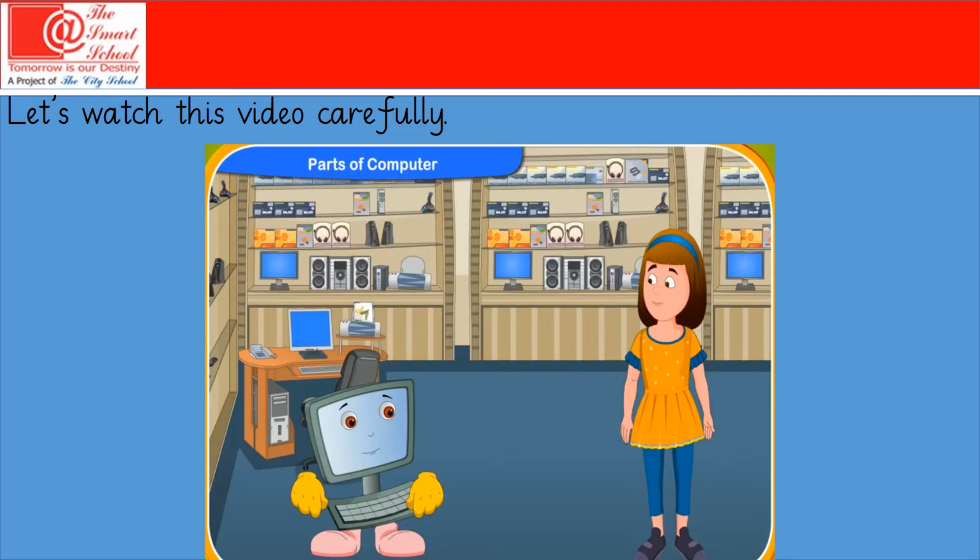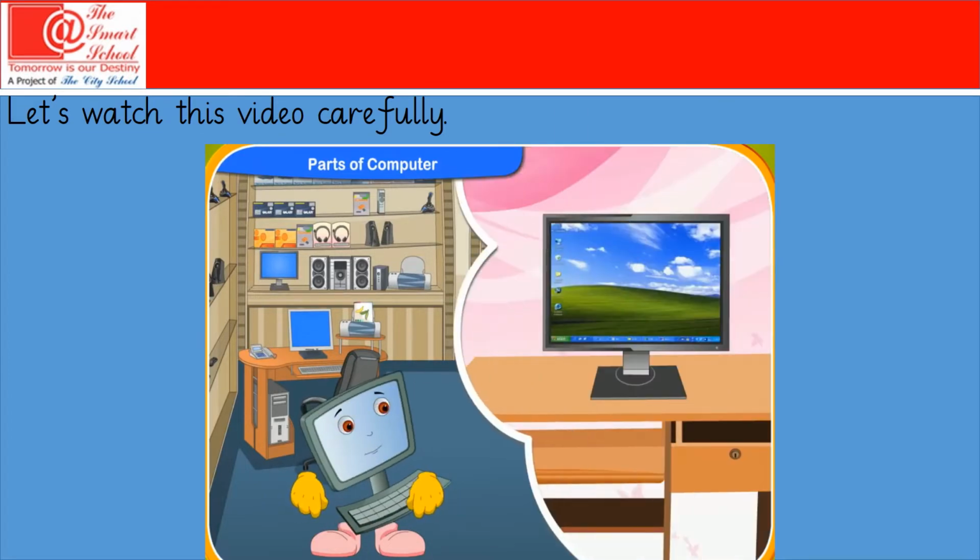Sure, Rennie. But first, do you remember the functions of the main parts of a computer? I think you need to refresh your memory. Let me tell you what the main parts of the computers are used for. Yes, please do. Let's start with the monitor.